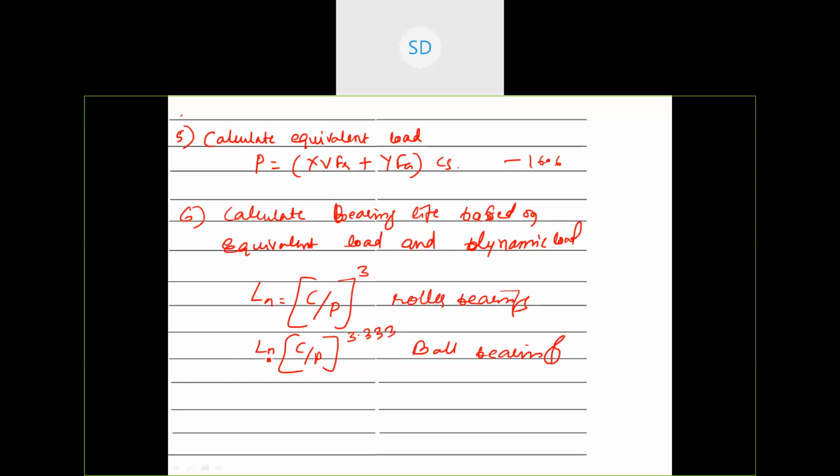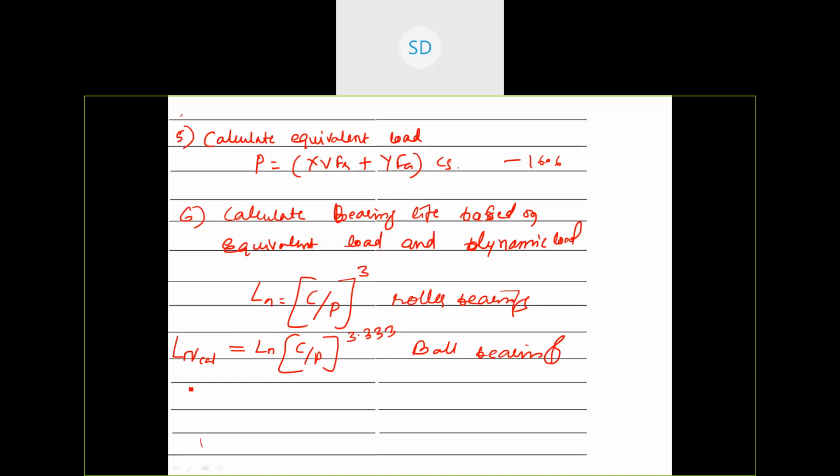Let us say this is the life of the bearing as calculated.